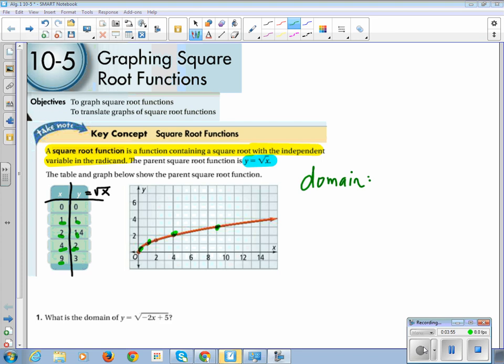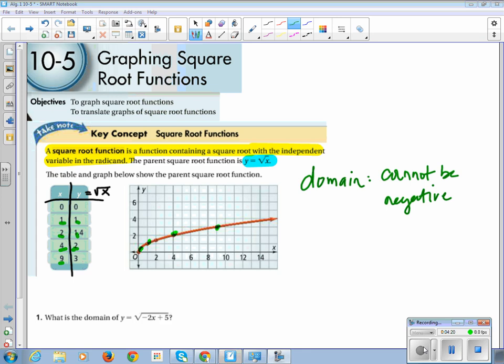What happens with square roots that will cause the zombie apocalypse? Cannot be negative. Thank you. So our x values underneath the square root cannot be negative.